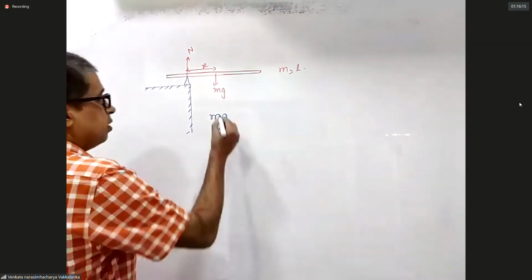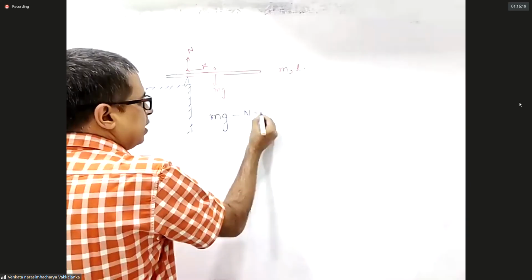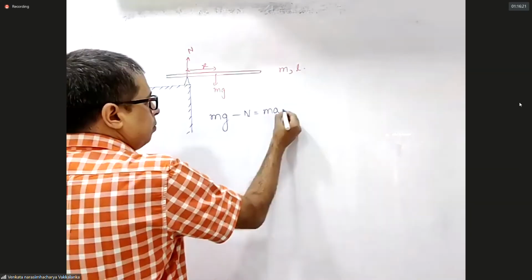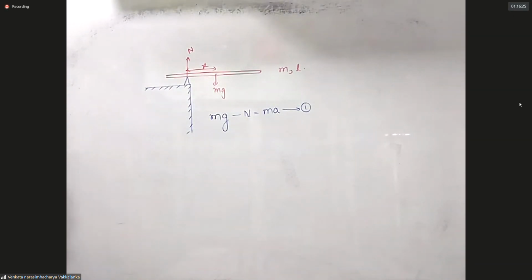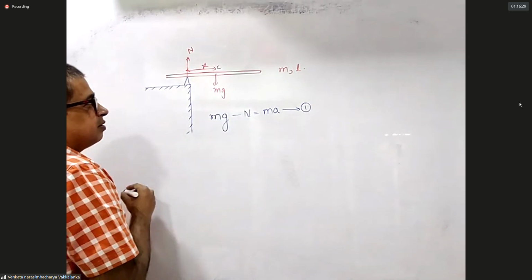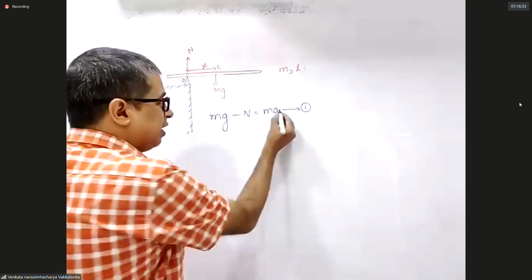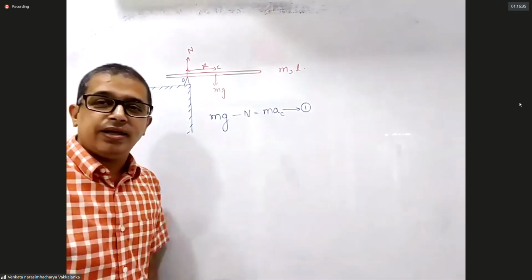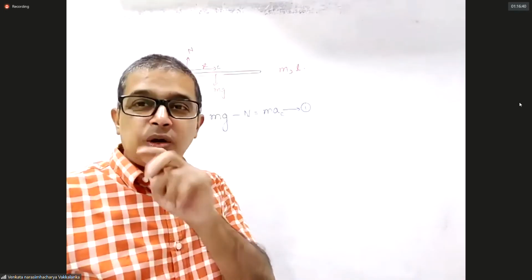Listen, translational dynamic equation: mg minus n is equal to m into a. Yes, sir. A will be the acceleration of what? Center of mass, acceleration of c. Now for the torque equation I am eligible to take about 2 points.